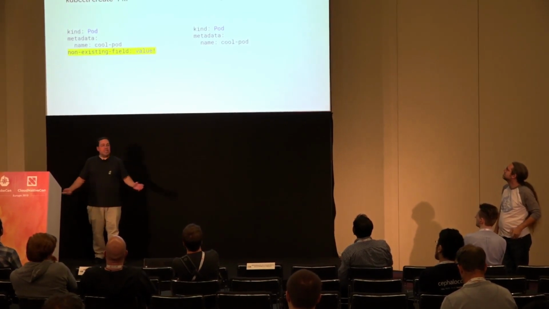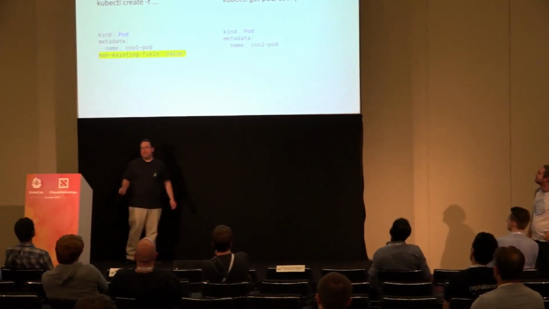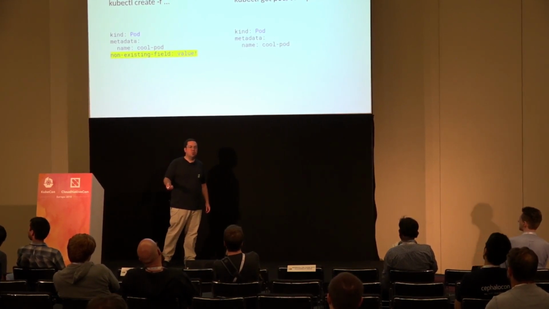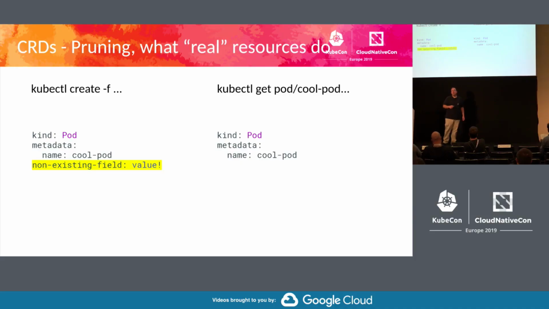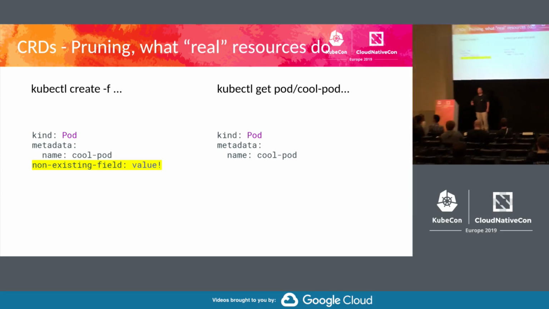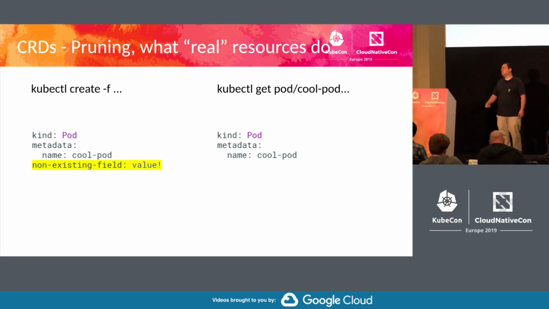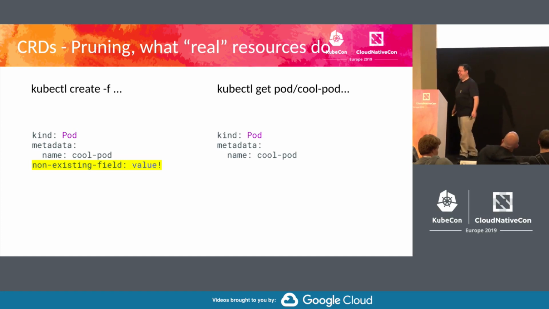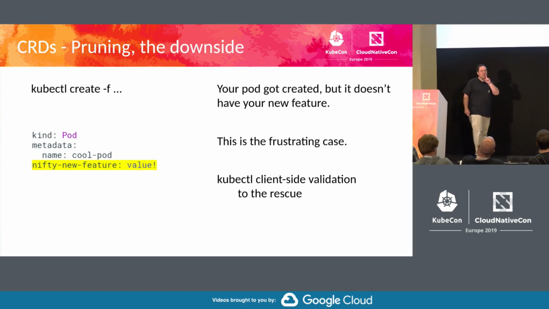So pruning seems a little weird when you first see it. If you have a non-existent field and you submit it to any normal API resource, it will actually be removed on its path to etcd. It gets removed because I think very originally that was just what Golang did, and Daniel let it happen. And so it has a couple side effects, one good and one maybe not as good. So we'll go not as good first, veggies first.